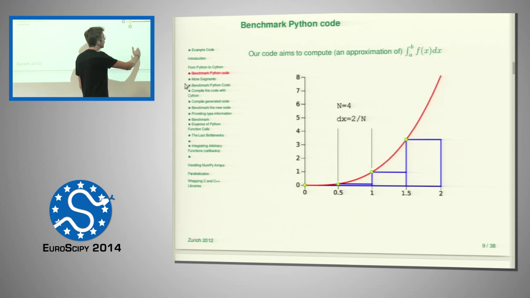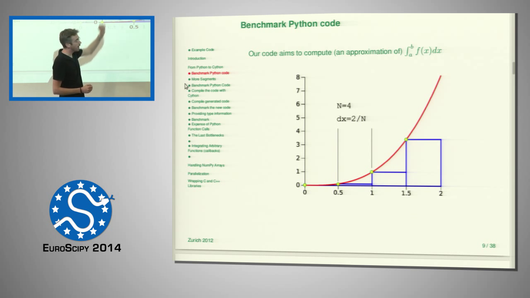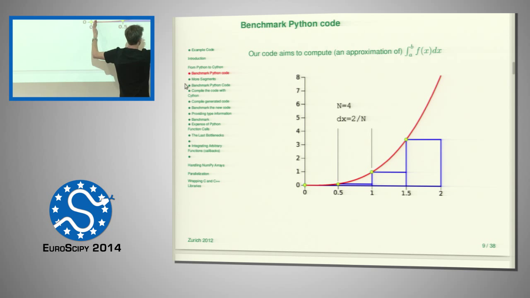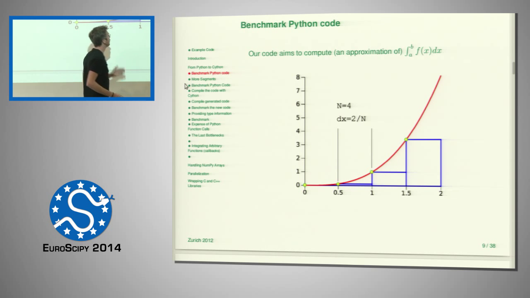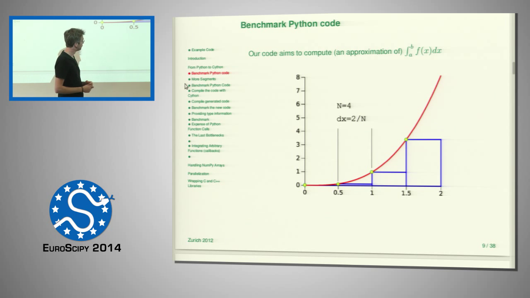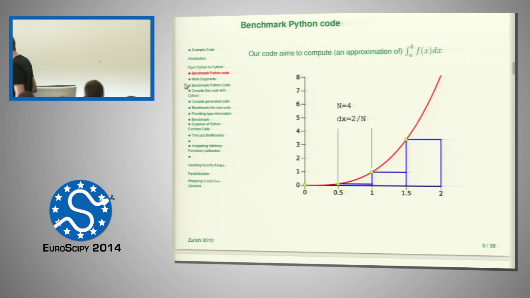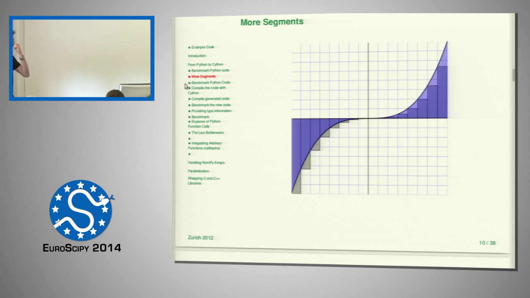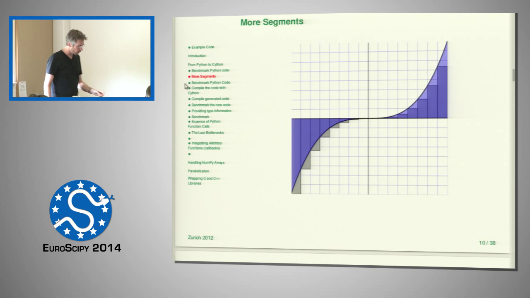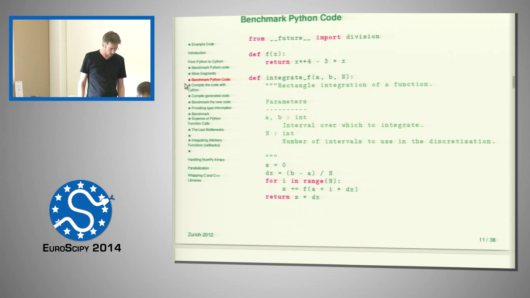What is worth noting here is that I've got 1, 2, 3, 4 blocks in this example. So dx, the width of each block, becomes my total interval, which is 2 in this case, divided by 4. So it's a half. The idea is then that we would keep increasing the number of blocks and get a good approximation to that integral.